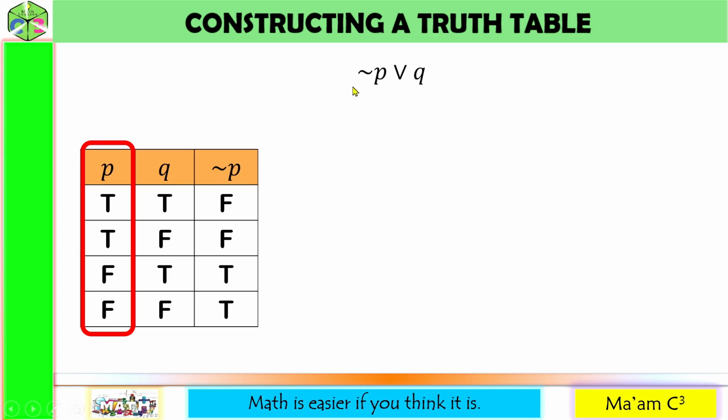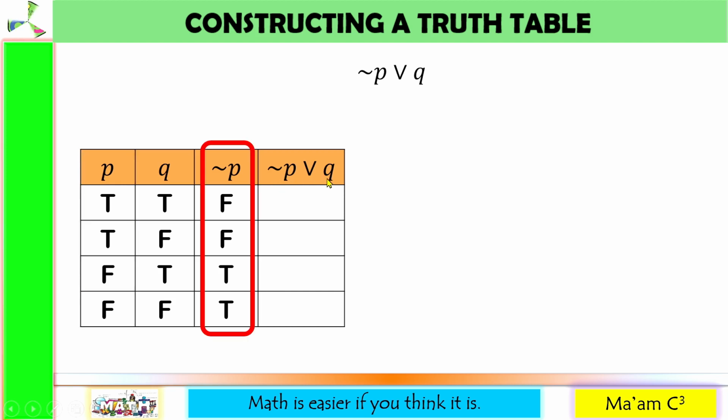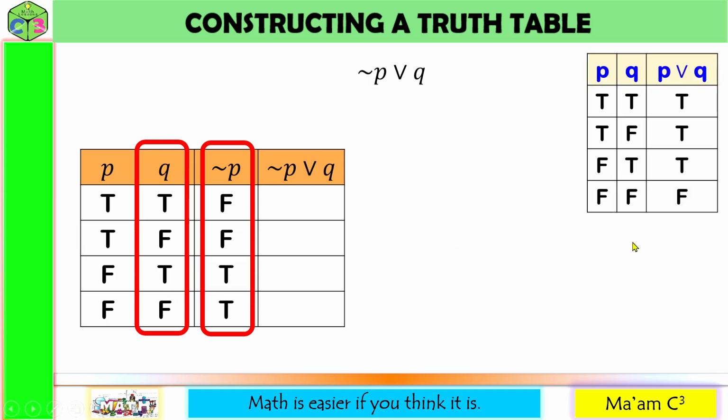And then we're going to have the complete compound proposition. So we're going to add a column, not P or Q. This time, what we need is not P or Q. This is the symbol for disjunction, or let us recall our truth table for or. So in here, you will recall that the disjunction is only false when both of the propositions are false.